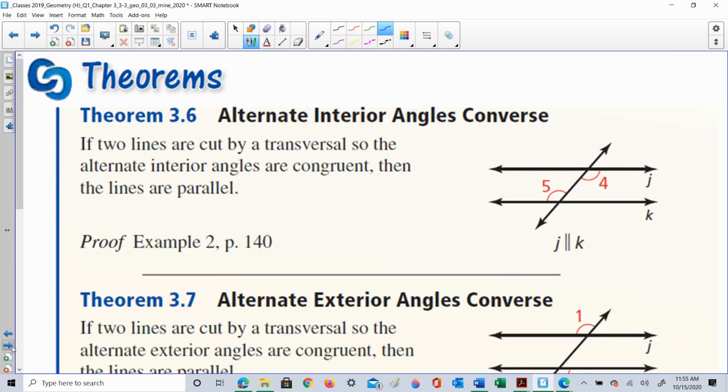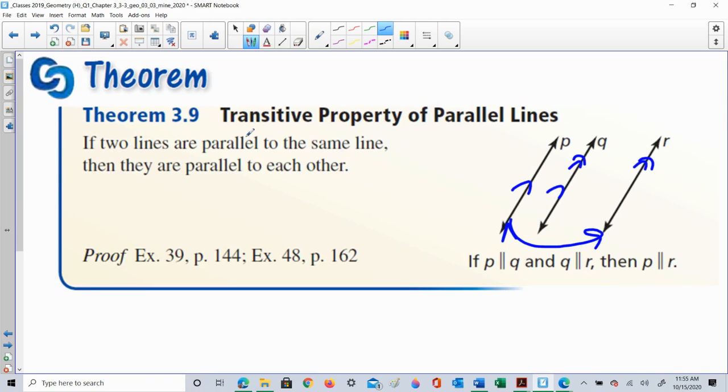And here's a page with all the theorems on it as well. When I send this home, you can write those down, put them in your notebooks, have them somewhere, somehow. The transitive property of parallel lines. We didn't talk about the transitive property. Transitive property just says that if A equals B and B equals C, then we can go right to A equals C. Transitive just means if two things equal the same thing, they're equal to each other.